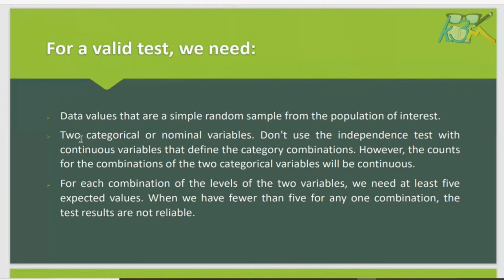So next, we need two categorical or nominal variables. Okay? Then, for each combination of the levels of the two variables, we need at least 5 expected values. So, hindi bababa. Okay?